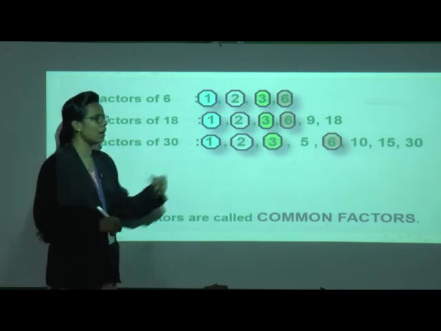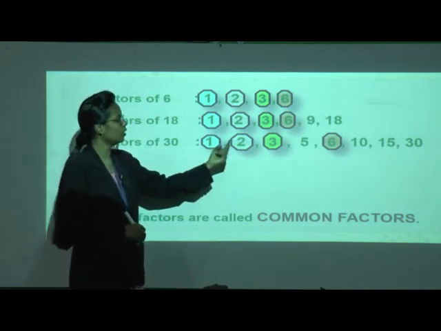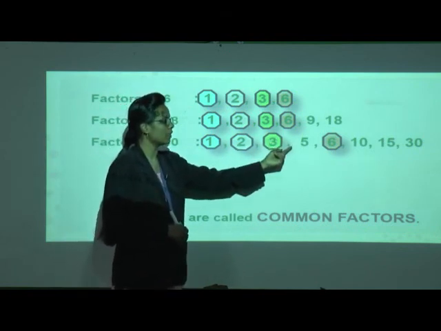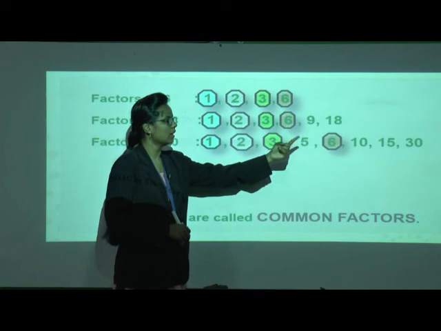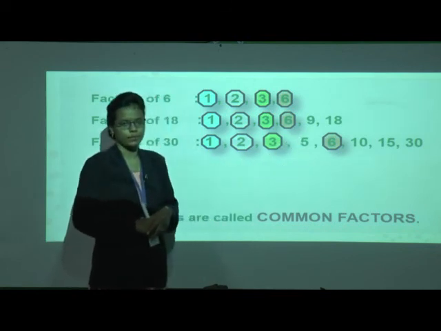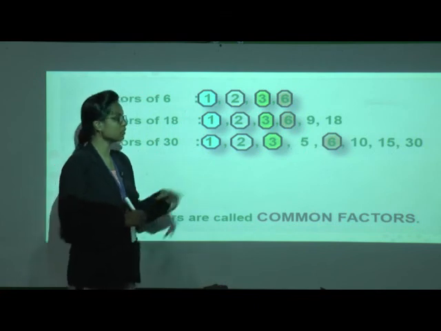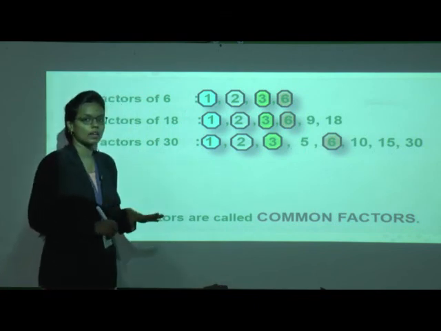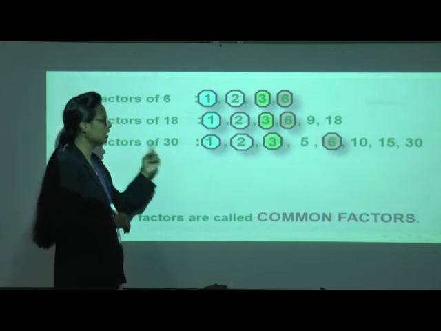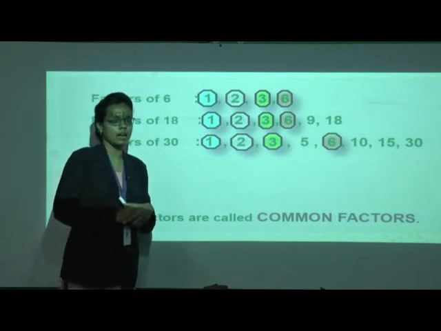Factors of 30 are 1, 2, 3, 5, 6, 10, 15 and 30. Now we have found the factors for 3 different numbers: 6, 18 and 30.